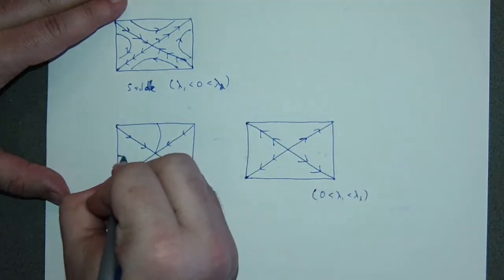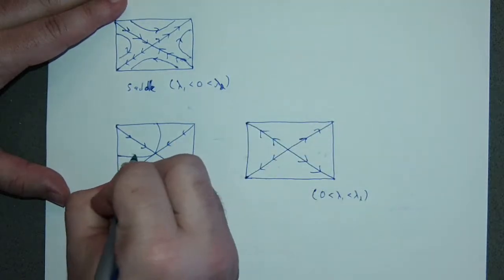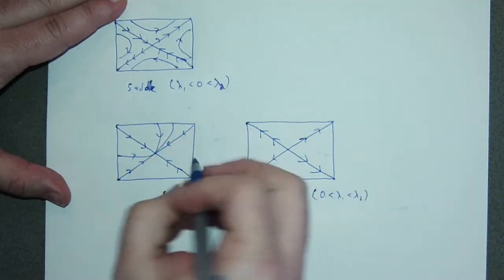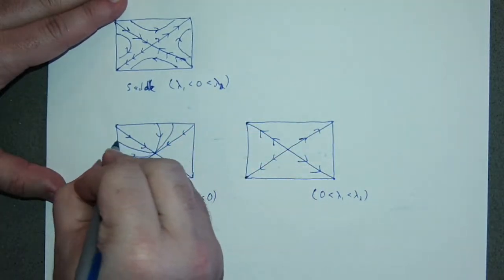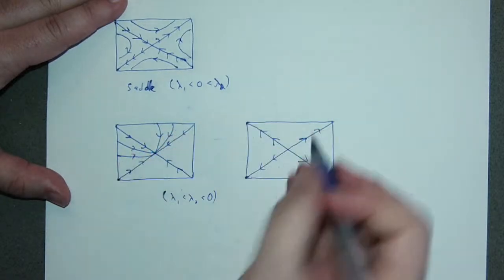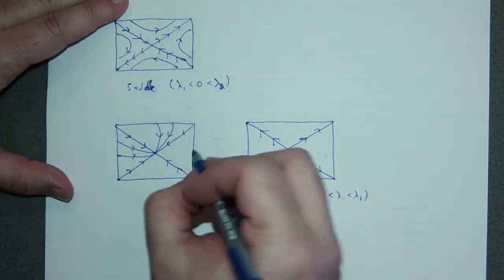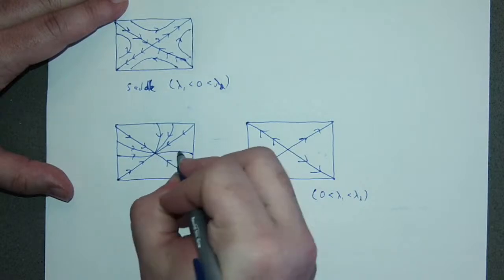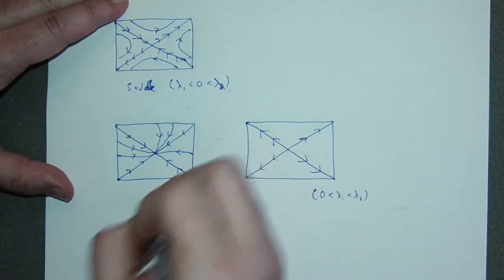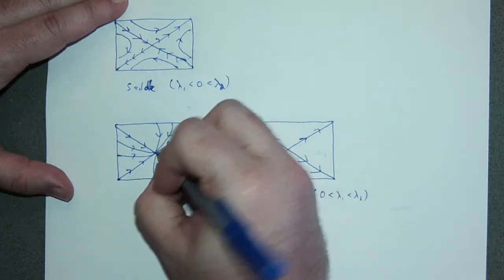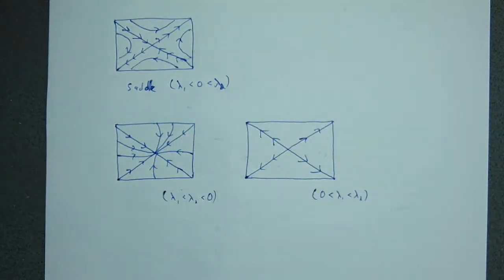Maybe it looks like this, where it's just coming in towards the origin. Maybe another trajectory looks like this, and another looks like this. Both of these are just coming in towards the origin. Here's one, comes in toward the origin. Here's another one, comes in toward the origin.